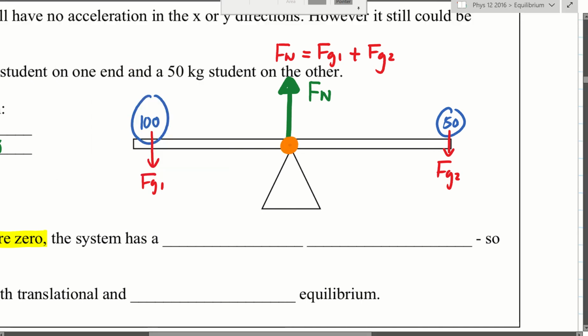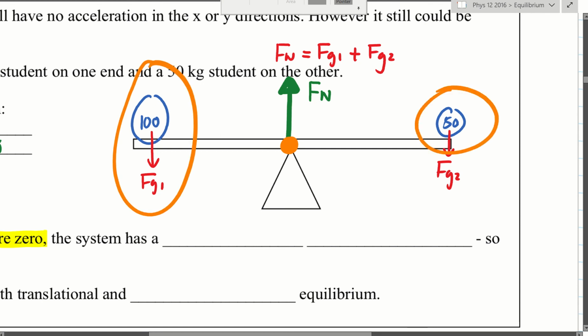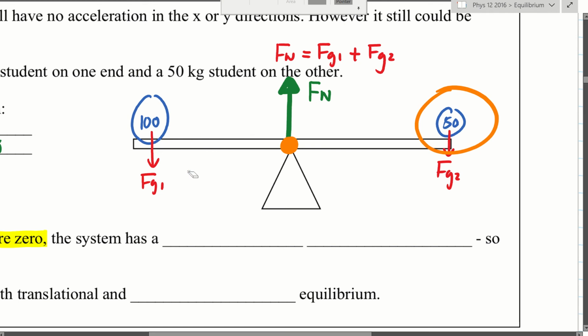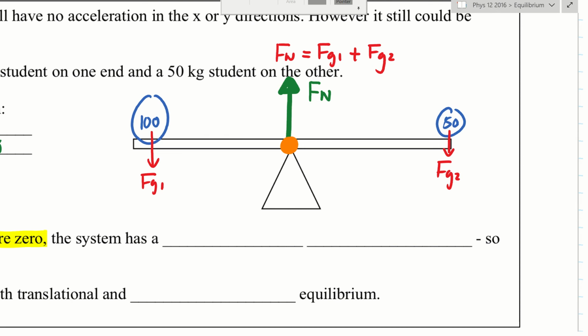Imagine you put your brother here and your younger sister over there. Will this system rotate? One side is heavier than the other side. If you have a system where you put two objects of equal mass on each side, then it should be stable, right?